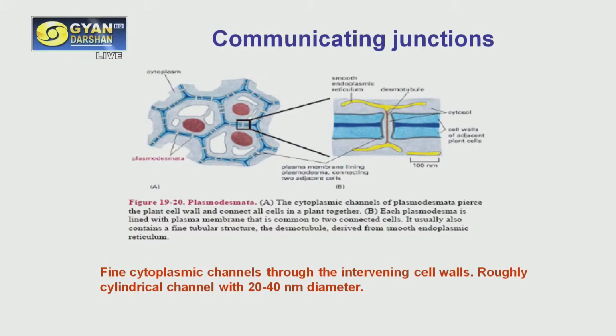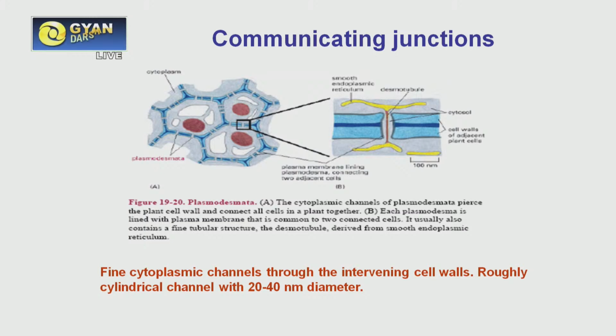Now, whatever we discussed, these are mostly in animals. But in plants, these communicating junctions are known as plasmodesmata or plasmodesma. So what do these plasmodesmata look like? Again, you can see in the diagram.